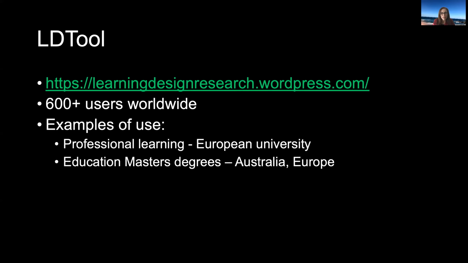And just some examples of how people are using it: there's a European university that has embedded this tool as part of their professional learning. And there are master's degrees within Australia and in Europe where they've embedded it in their education courses to allow students to explain and document their designs.